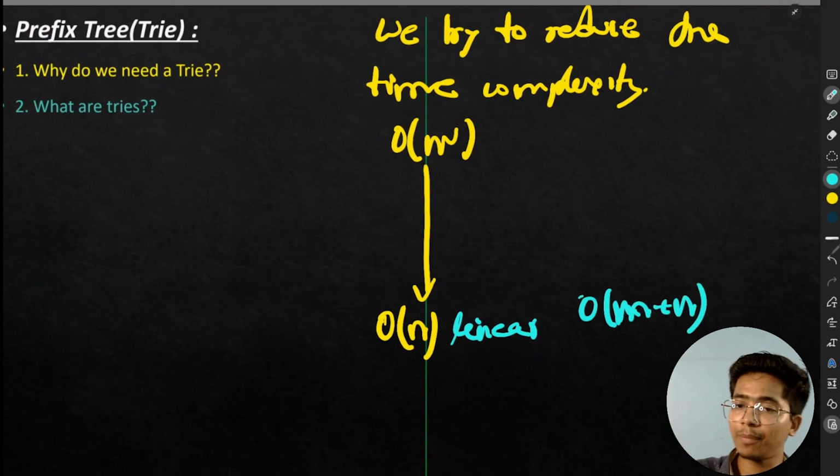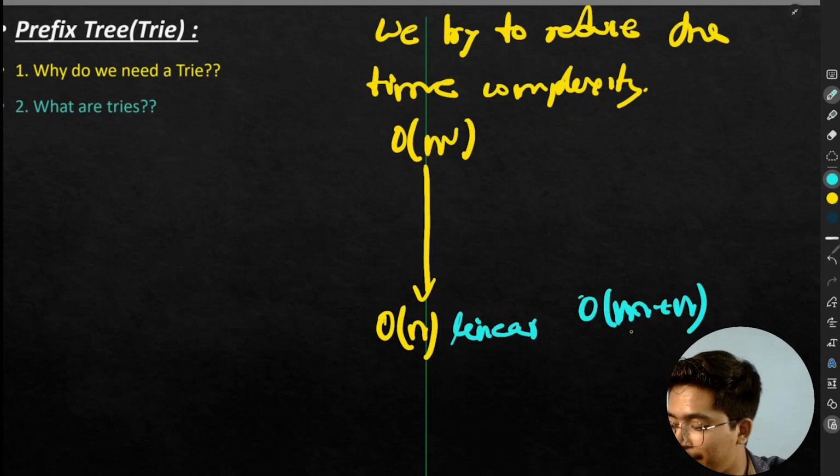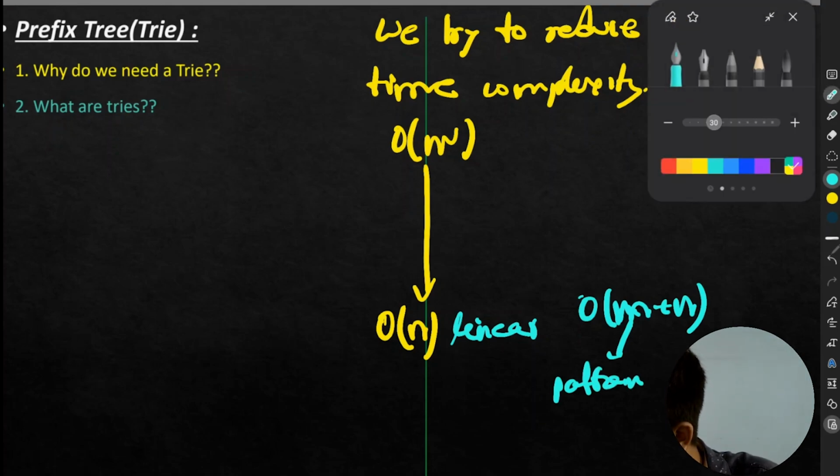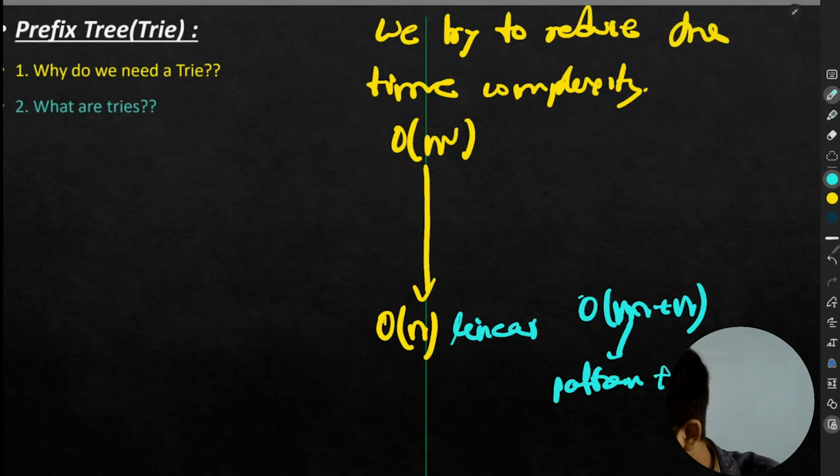We get that type of complexity. So here comes m plus n, that means pattern length plus text length.